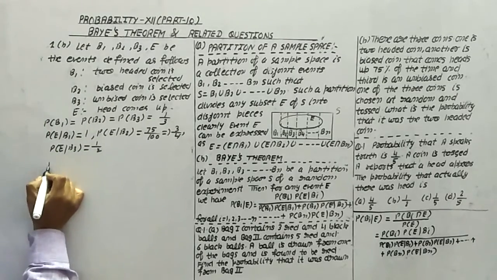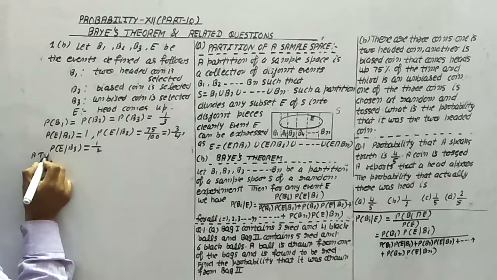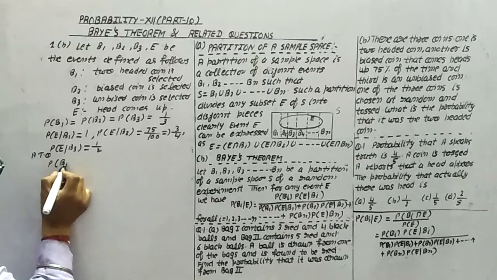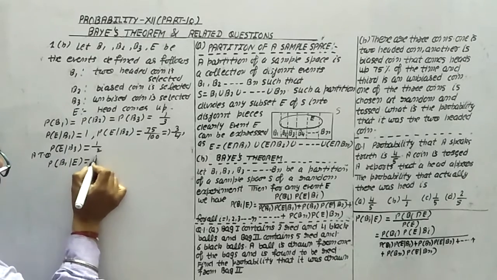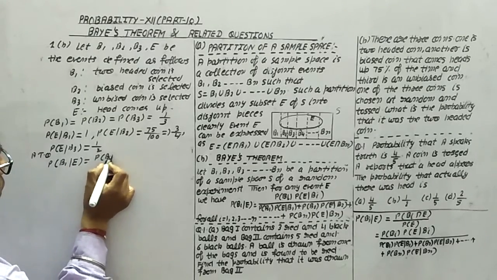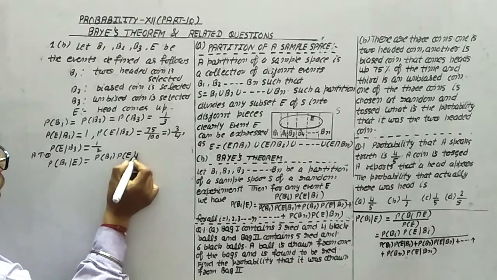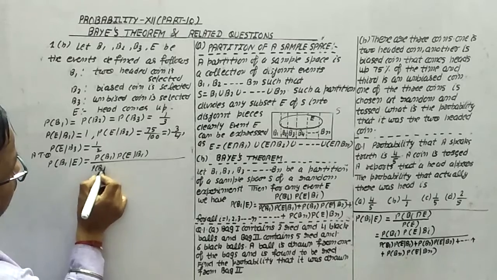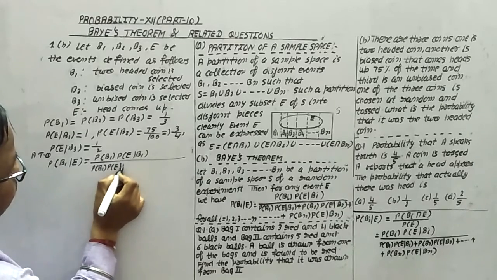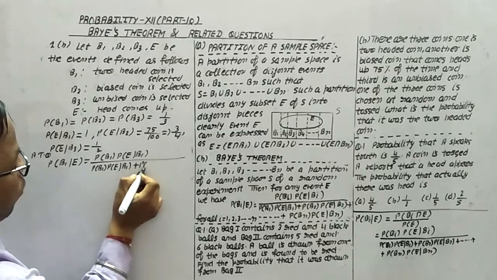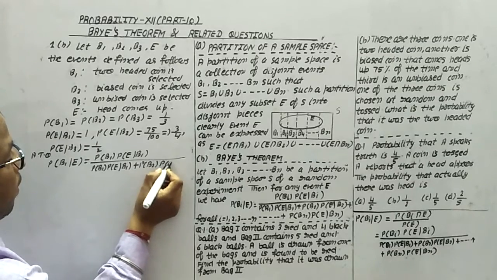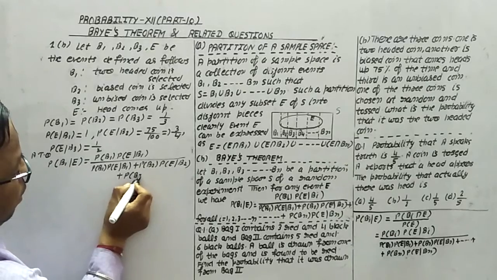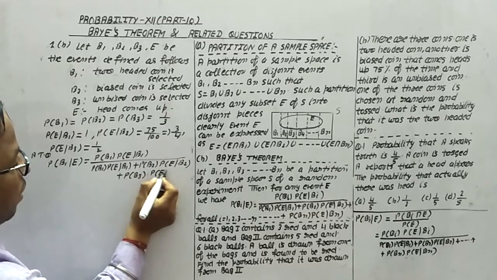Now according to the question, we have to find out the probability of B1 given E. So probability of B1 given E is given by probability of B1 into probability of E given B1, upon probability of B1 into probability of E given B1, plus probability of B2 into probability of E given B2, plus probability of B3 into probability of E given B3.